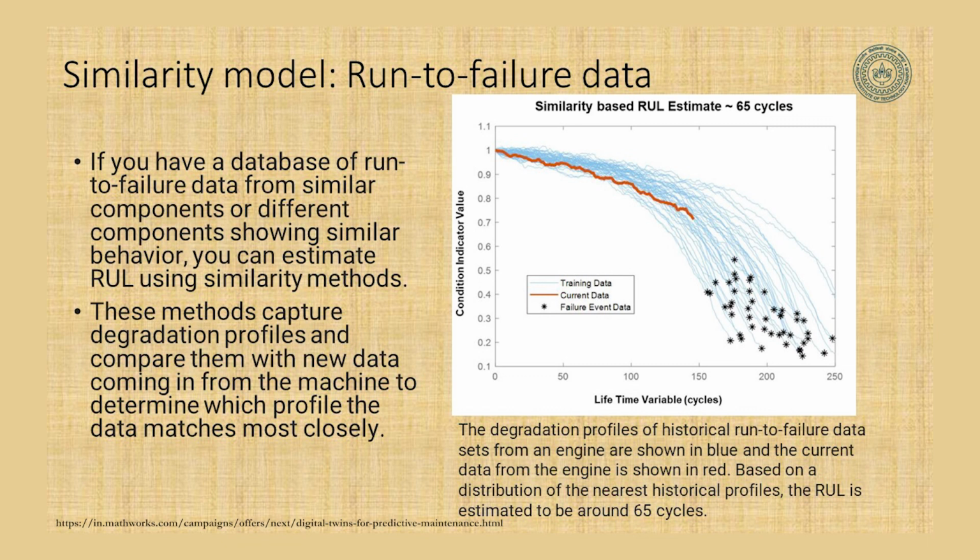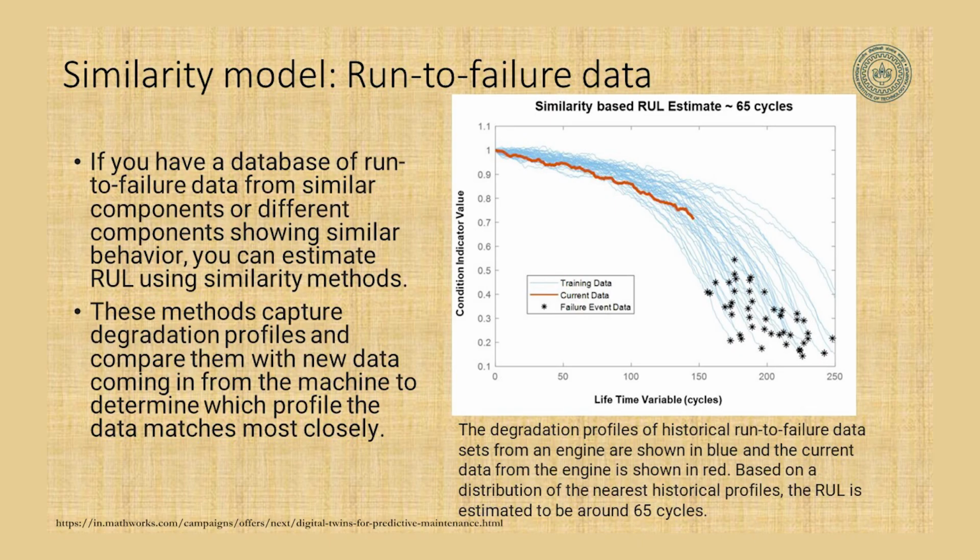So, this is all the data that you have got from past histories, and your current history is this deep line in red, and this is where you are currently operating, and these are the failure events that you have captured, indicated with the star.